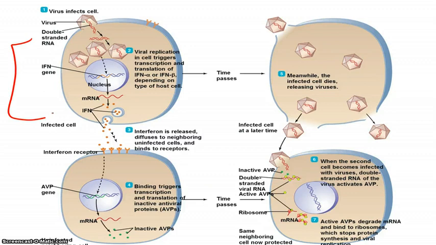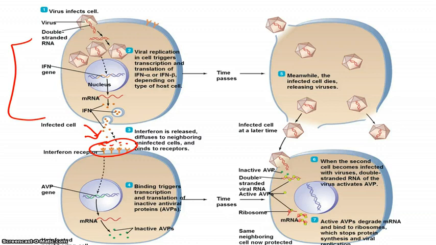That takes time. So in the meantime, before the cell is completely defunct, it's making interferon alpha and beta chemicals and secreting them out to neighboring cells. Those chemicals are read by receptors on neighboring cells, and it's like an SOS saying, I'm infected, I'm going down, everybody protect yourself.